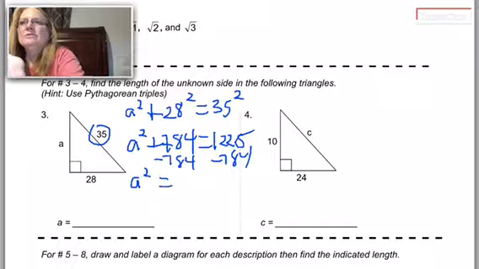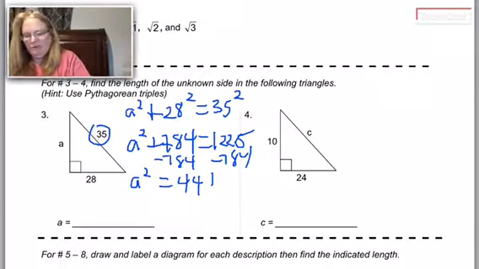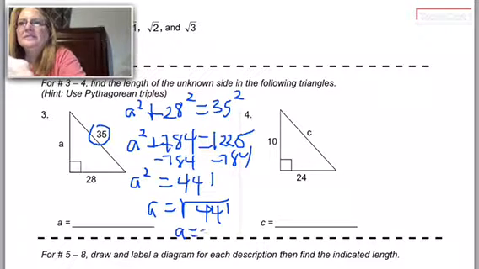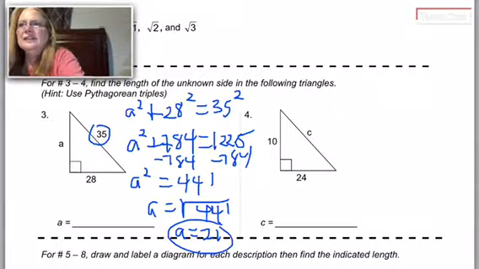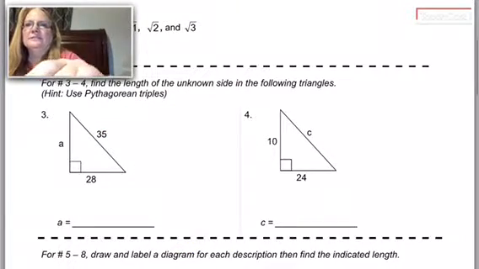So a squared is equal to 441. Then we just take the square root of 441, which is 21. So yes, this is a Pythagorean triple because we have an integer answer for a squared plus b squared equals c squared. Okay, I'll leave number 4 for you, and let's scroll down.